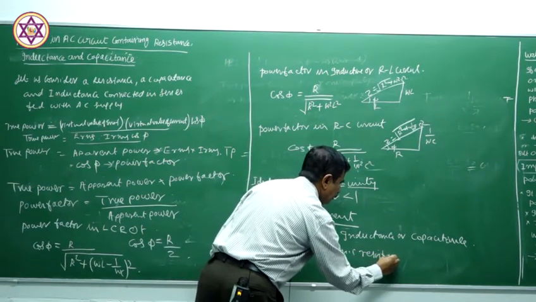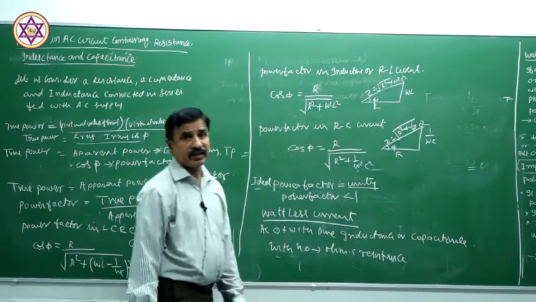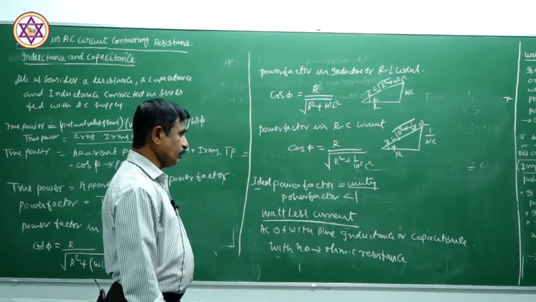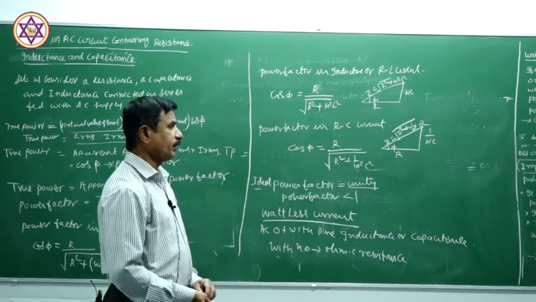So in a pure capacitive or inductive circuit, there is no resistance in it, no ohmic resistance.